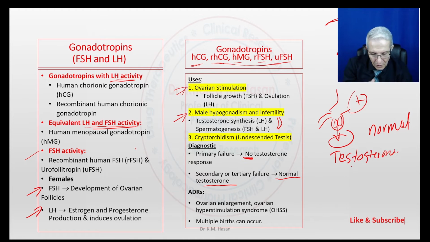So we use it for diagnosis between primary or secondary failure of testosterone. If you prescribe it in excess, the situation will be overstimulation of the ovary, ovarian hyperstimulation syndrome, and could lead to multiple births in females.